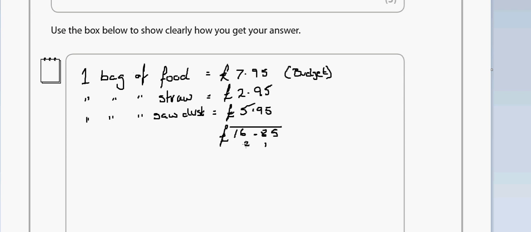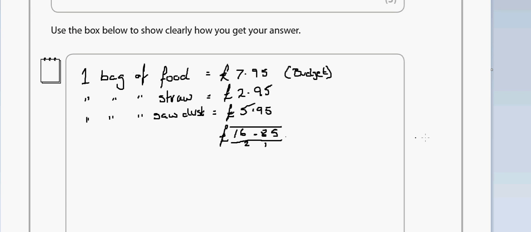So whatever he does, he's going to have to pay £16.85 for his essentials.